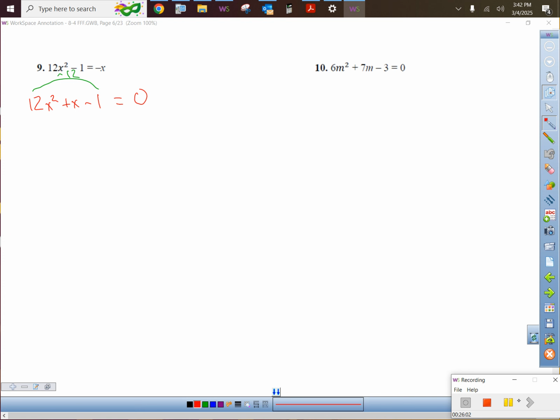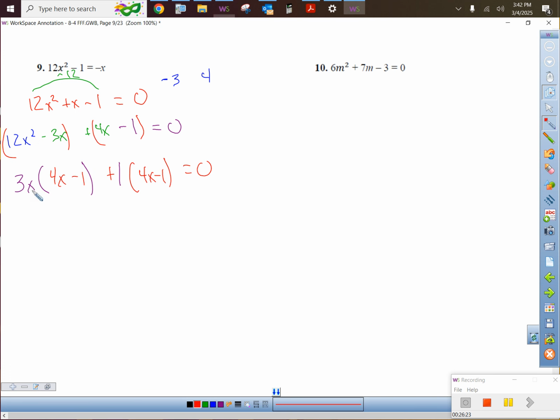Alright, so I have to find two numbers that multiply together to be negative 12 and add together to be 1. Those are negative 3 and 4. Then I want to split them up into 4 terms. Excuse me, I put the negative guy first. Double group. Boom. Then take the GCF out of each group. In the first group, I got a GCF of 3x, and I got a 4x minus 1 left over.